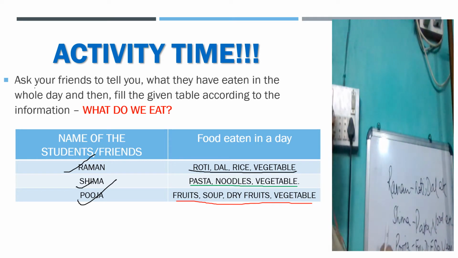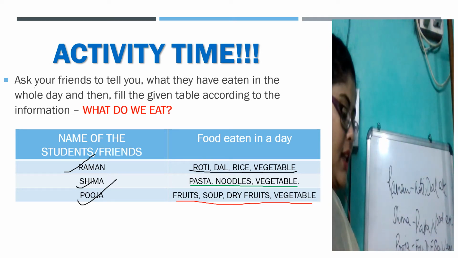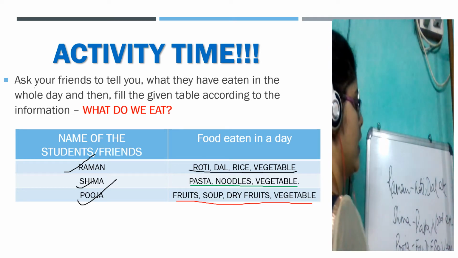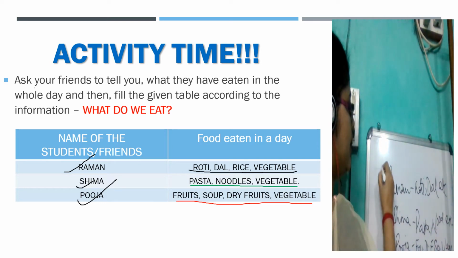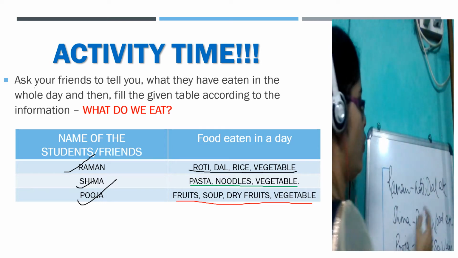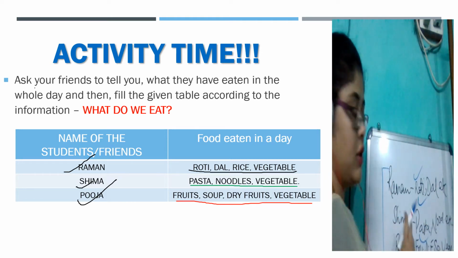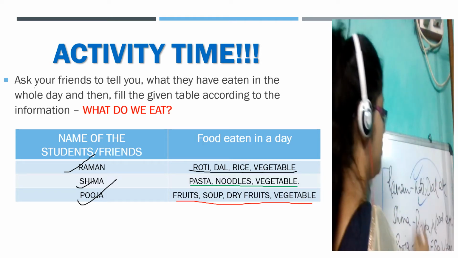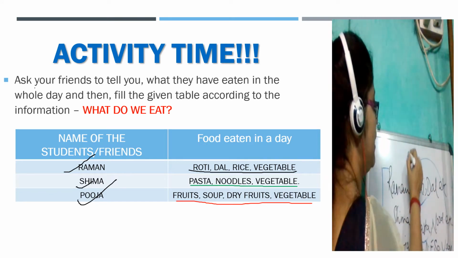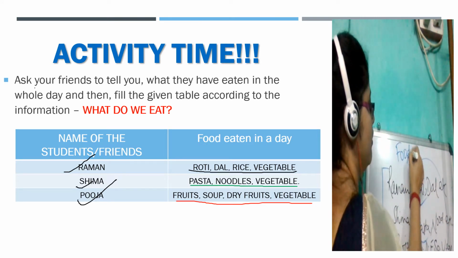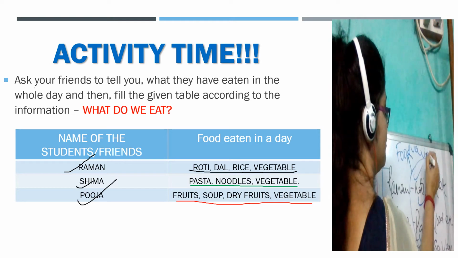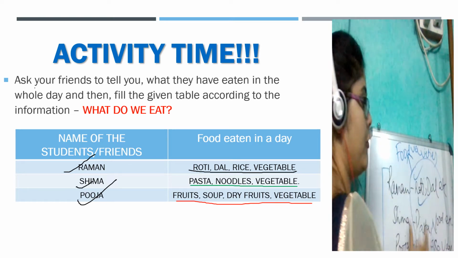Now see, kids, you will find there are three different individuals who have taken different kinds of food items. So these food items are none other than food variety, right? These all are food varieties.